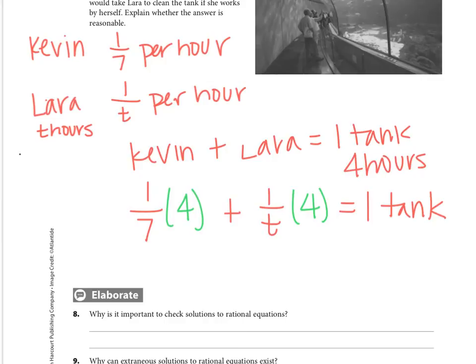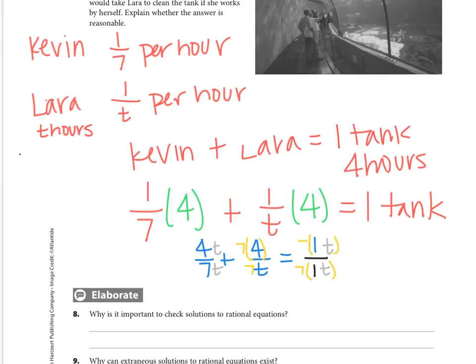So if I multiply this out, I have 1/7 times 4, which is 4 over 7, plus 4 over T, is going to equal 1. So I need these all to have a common denominator. I'm going to put this 1 on the right over 1. To get a common denominator, I need to make sure that everything has a T in the denominator, and if I multiply by T in the denominator, I must multiply by T in the numerator. I also need a 7 in each denominator, so I'm going to multiply by some 7s.